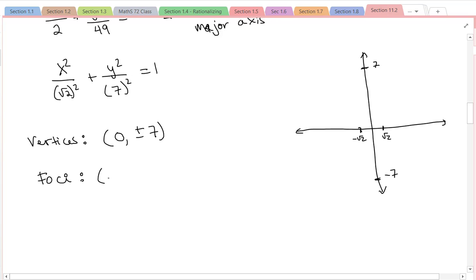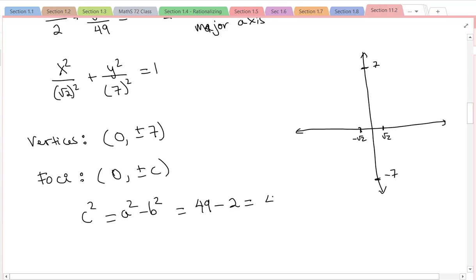So remember, in this case with a vertical major axis, the foci are 0 plus or minus c. So we have to find c, and I know c squared is a squared minus b squared. a was 7, so a squared is 49. b squared is 2 because b is the square root of 2.